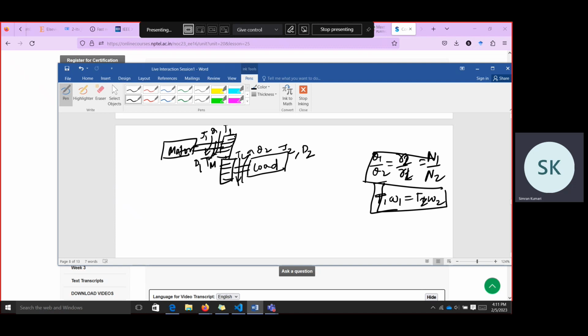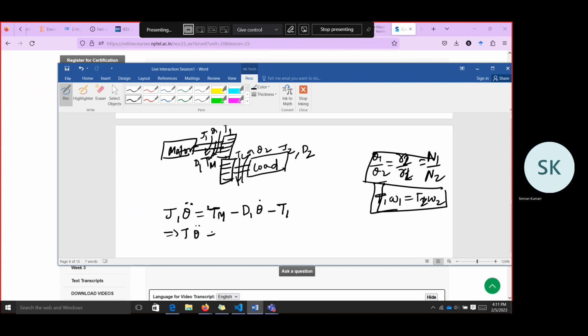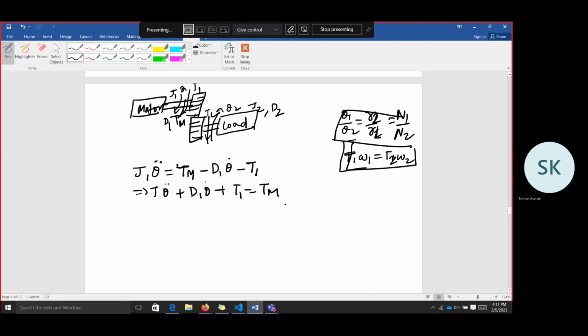Now for this one, if we write the dynamics, that will be J1 theta 1 double dot equal to Tm minus D1 theta dot minus T1. This is one equation that we have. Now for the load part, we'll write the equation.